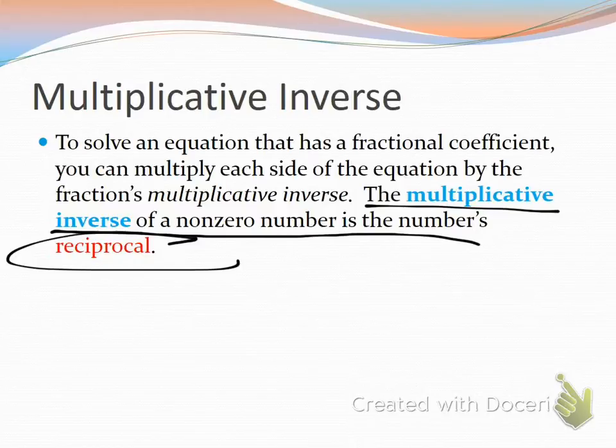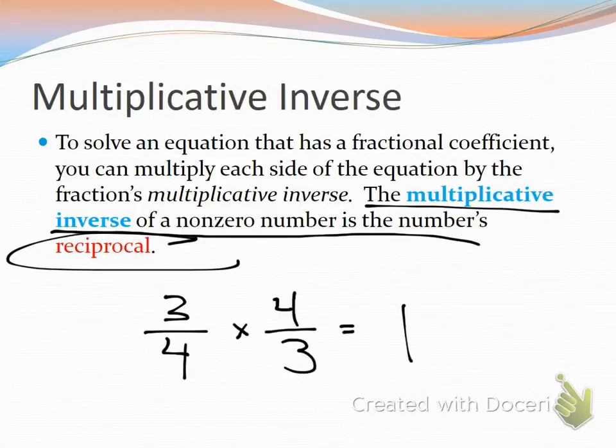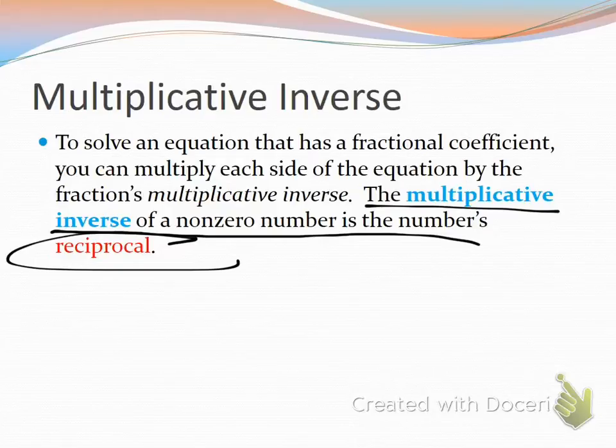So let's take the number 3/4. What is the reciprocal of 3/4? The reciprocal, 4/3. And my rule is multiply it by its reciprocal, and what does it equal? 1. It cancels, essentially. That is a very important part of what we're learning in the lesson today, which is how you can use the multiplicative inverse to solve equations that have fractions attached to the variable.